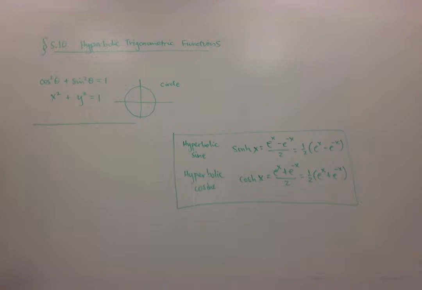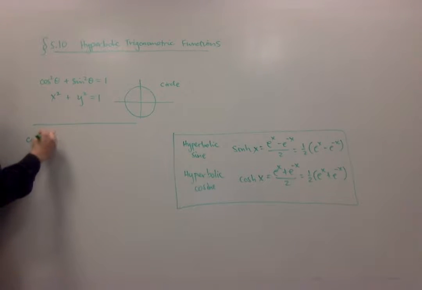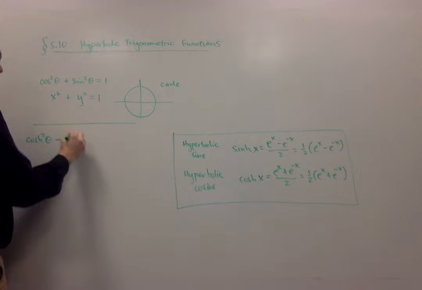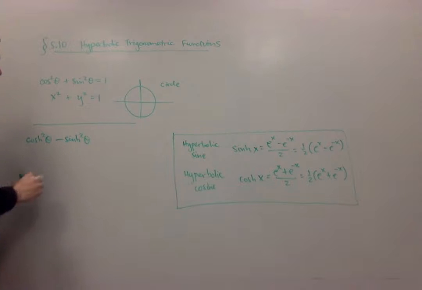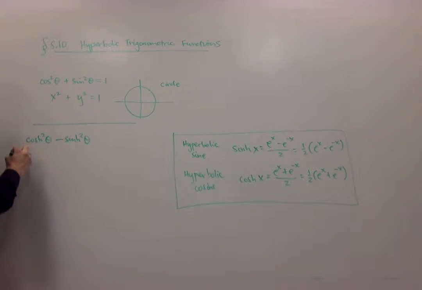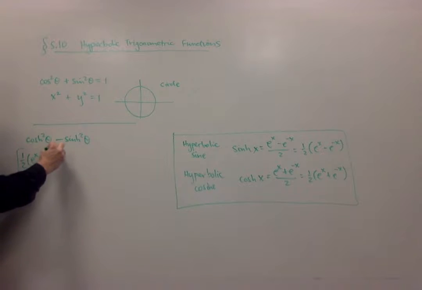Okay. It turns out that if you take cosh squared of an angle minus sinh squared of that angle, let's just go ahead and do this, okay? So we're going to take this function cosh, 1/2 of e to the x plus e to the negative x, and we're going to square that.